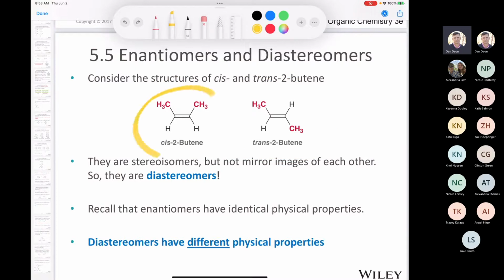Because if you had 100 of these molecules, cis-2-butene, they're going to stack together differently than if you had 100 of these molecules. And where do physical properties come from? They come from intermolecular forces, the way that molecules interact with each other. And since we have different intermolecular forces between diastereomers, we have different physical properties.